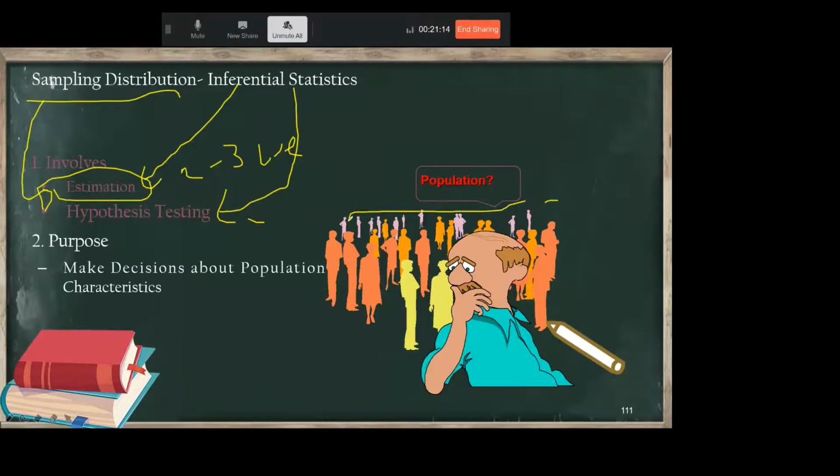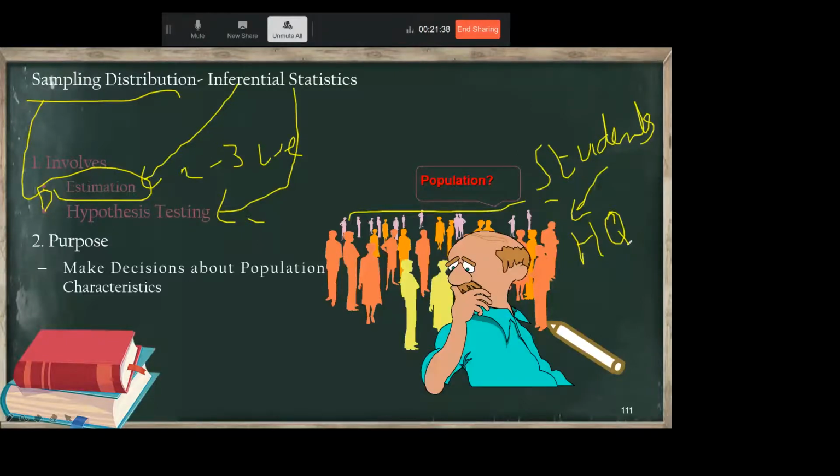Now, from this population, from the students in Huachao, I'm going to see different attributes, right? Then based on that, I will draw my conclusion.